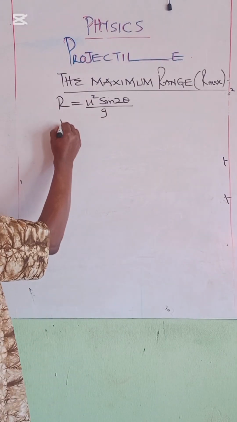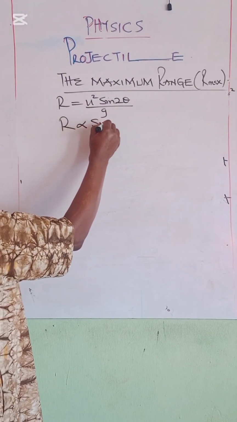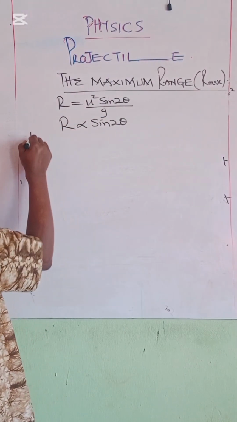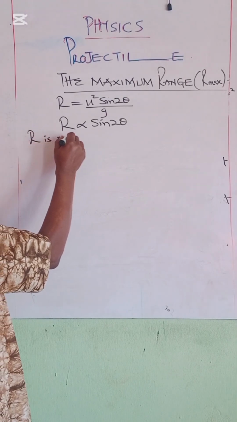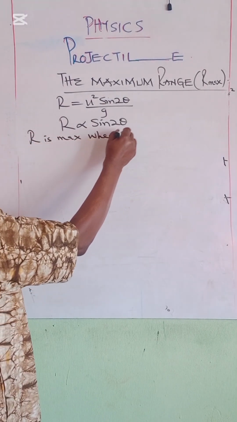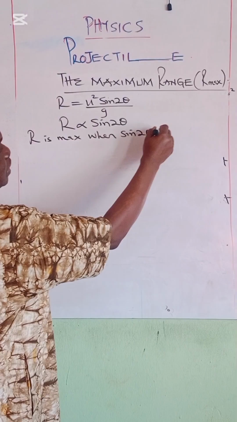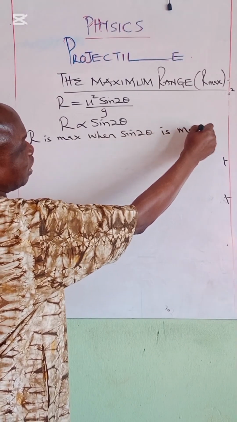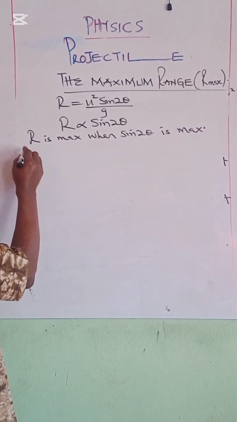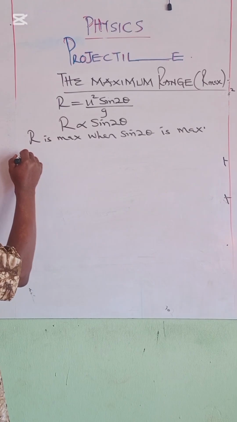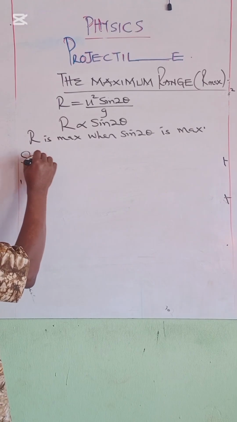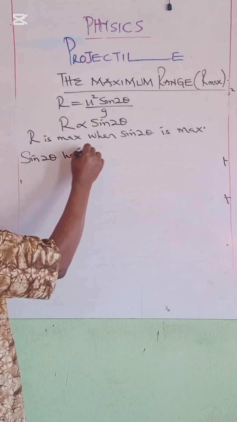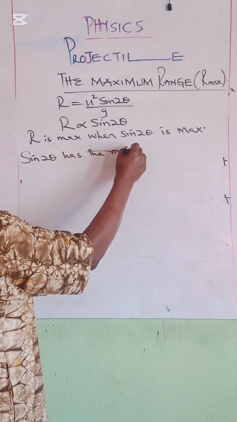Now, clearly, R is directly proportional to sin 2 theta. So R is maximum when sin 2 theta is maximum, and sin 2 theta has the maximum value of 1.